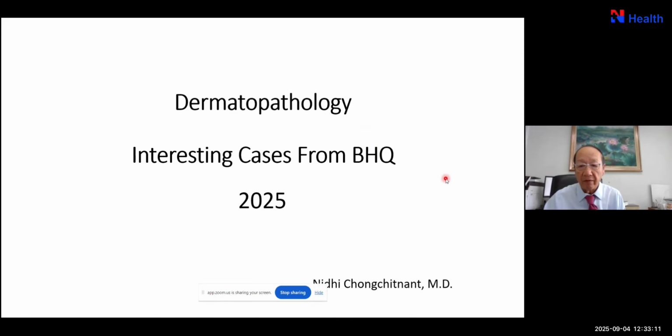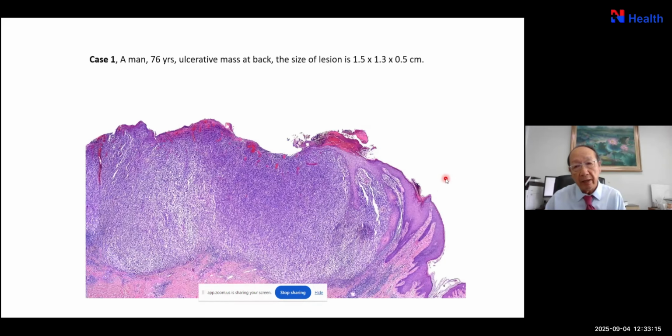Okay. For the first case, I hope you have seen all these slides. Case one is a man, 76 years old, an ulcerative mass at back. The lesion size is about 1.5 centimeter.